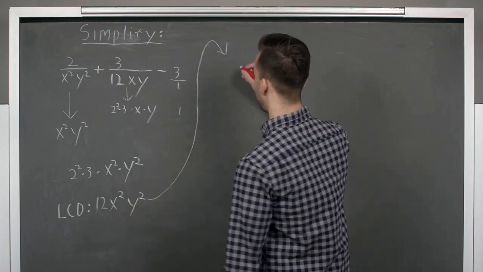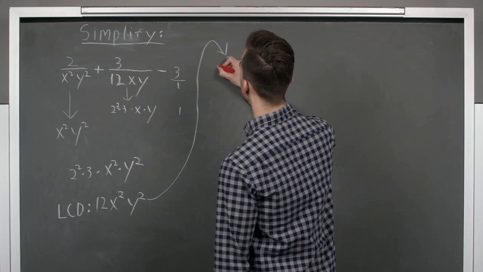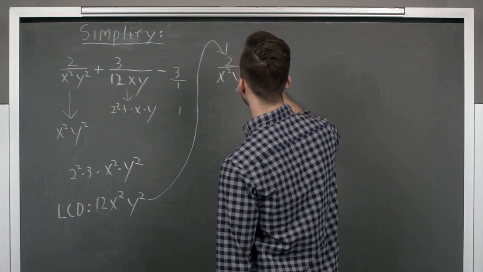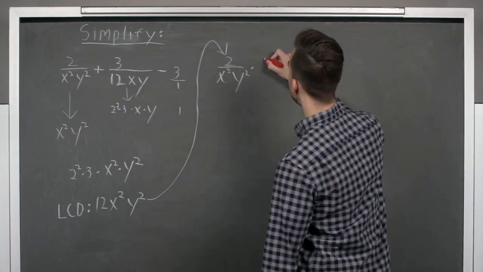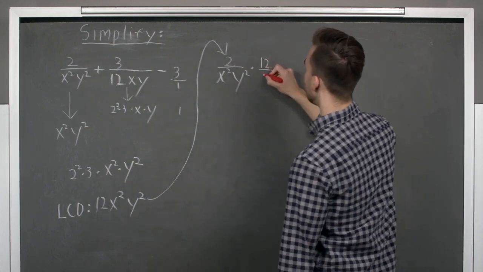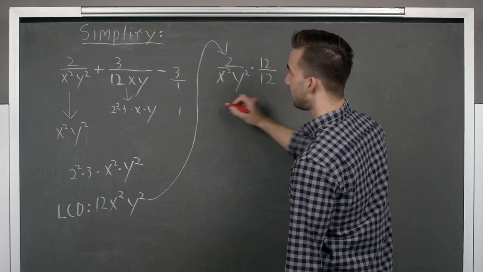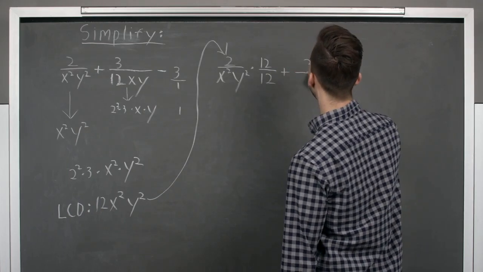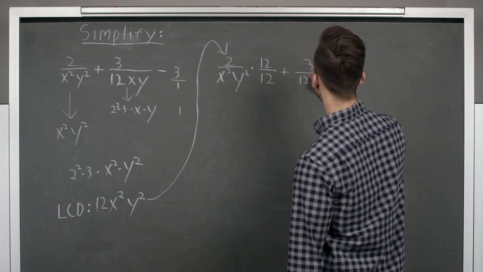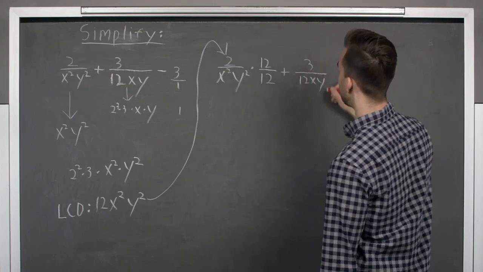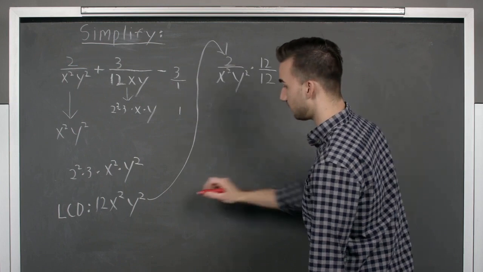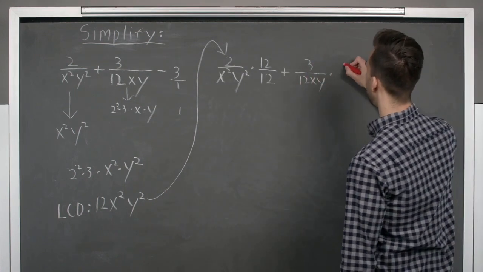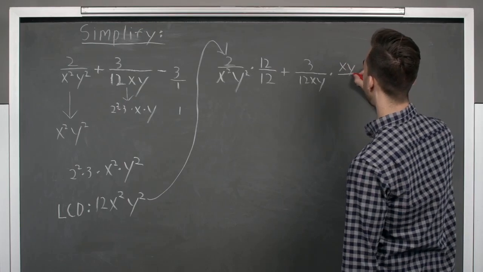We just need to multiply it by 12 over 12. 2 over x squared y squared times 12 over 12. And then for our next one, we have plus 3 over 12xy. What do we need to multiply that by to get it to our common denominator? Looks like just xy divided by xy.